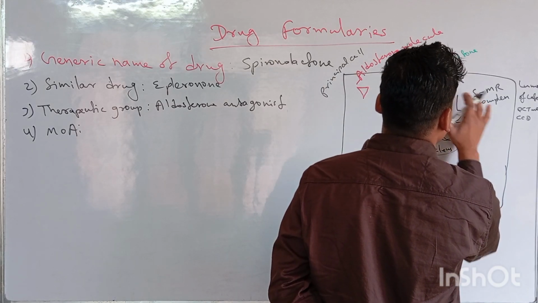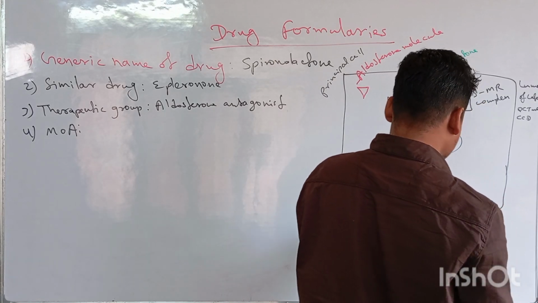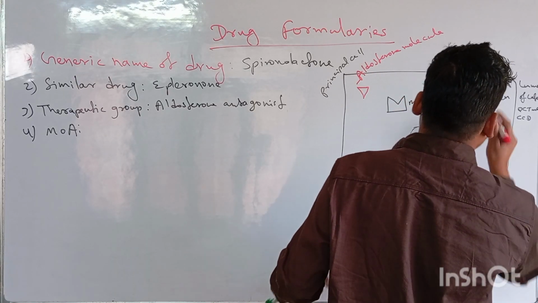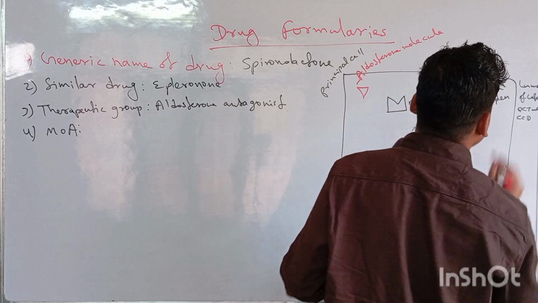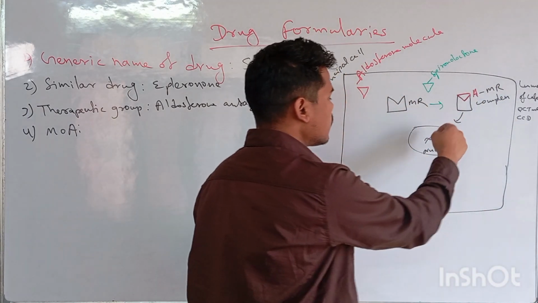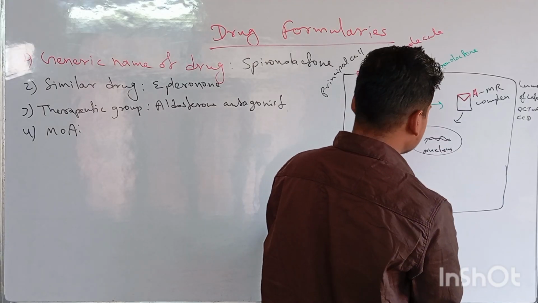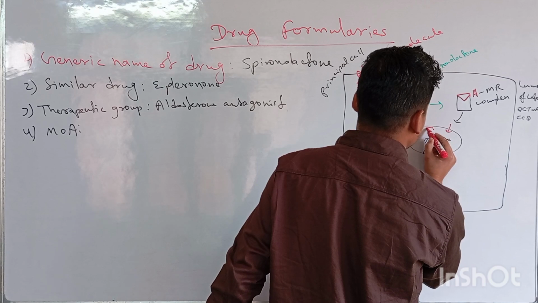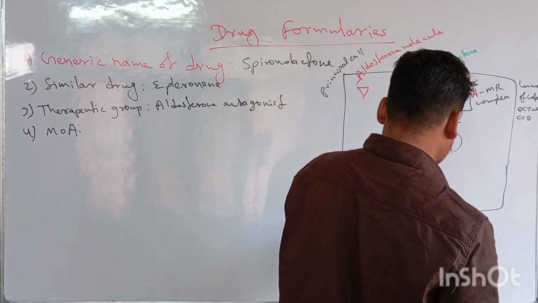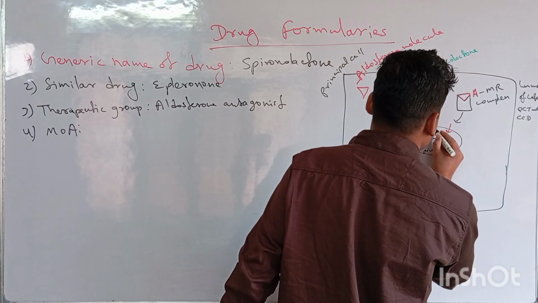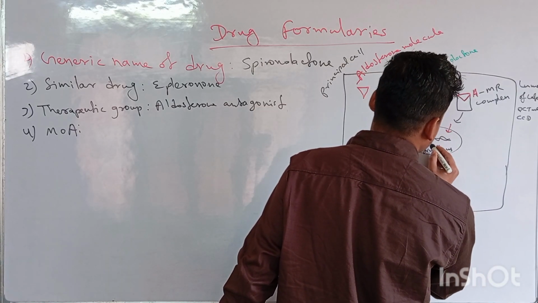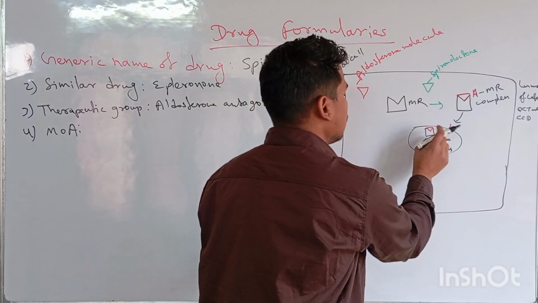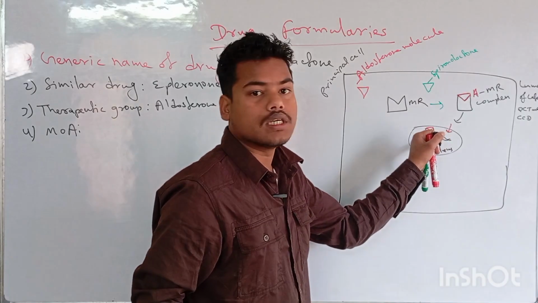First let us talk about the normal, then the abnormal. Let's suppose it is bound by the aldosterone mineralocorticoid receptor complex. This will migrate to the nucleus, and there is a hormone response element for a particular hormone, a space on this DNA molecule.